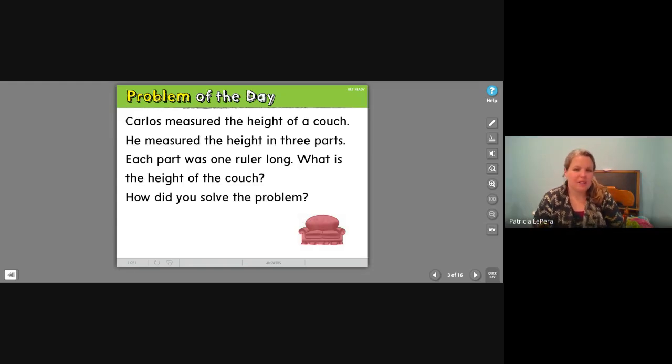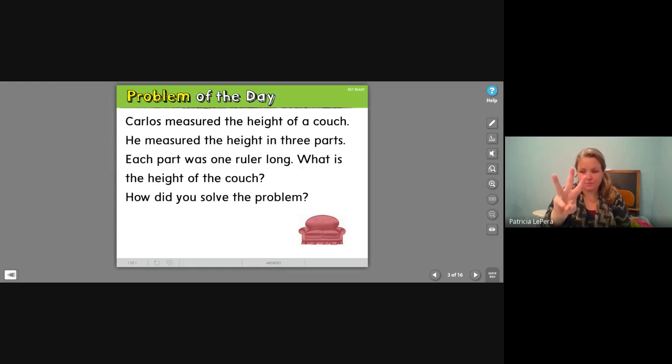So I go back into the problem and I can see that the height he measured was 3 parts, and each part was 1 ruler long. So if you'd like, we could do it in feet. Each ruler is equal to 1 foot, so that would be 3 feet long.